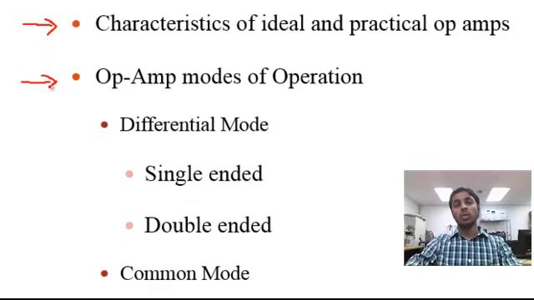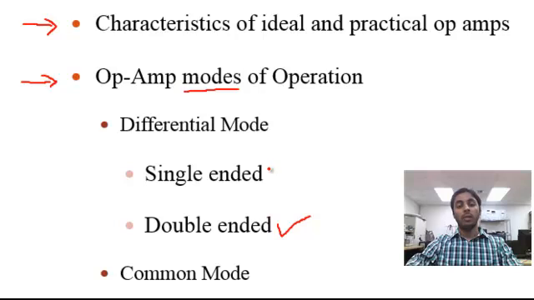Because the op-amp has two input terminals, at some point maybe we need to use both terminals, maybe one terminal at a time. So depending upon what mode the op-amp is operating in, there are various types. In differential mode, both terminals are going to be used, which is a double-ended configuration.